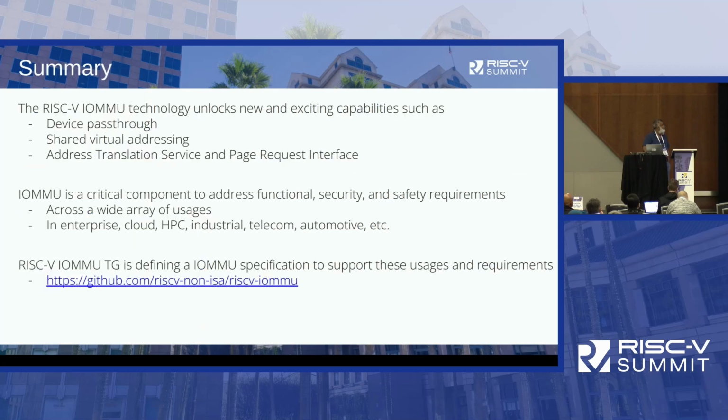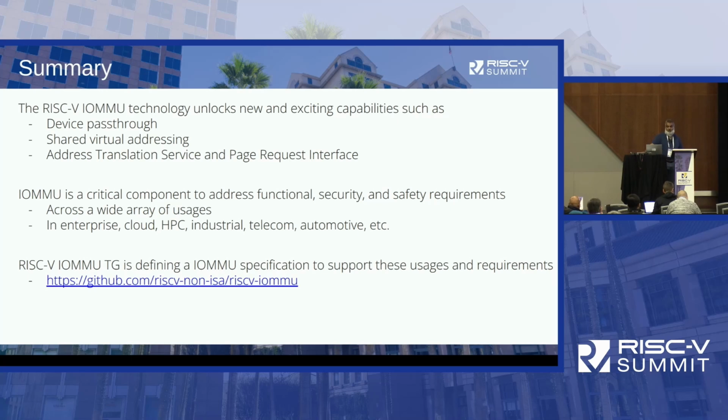So to summarize, the IOMMU technology unlocks a slew of new and exciting capabilities, such as being able to pass through devices to virtual machines, support shared virtual addressing, support the address translation and page request interface, and provide better security and fault tolerance to the system.